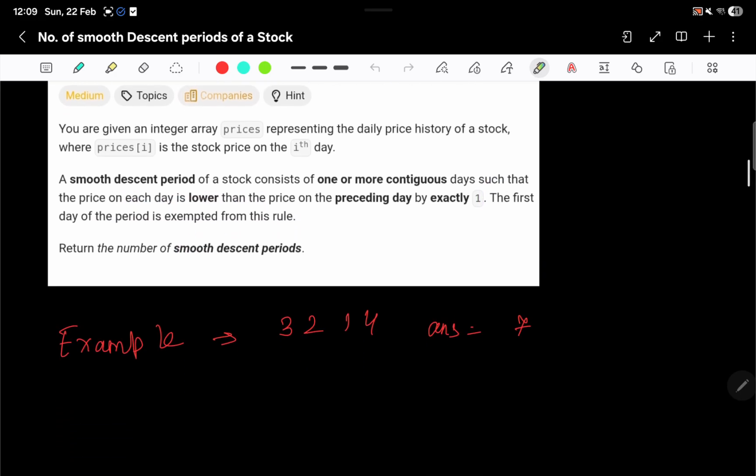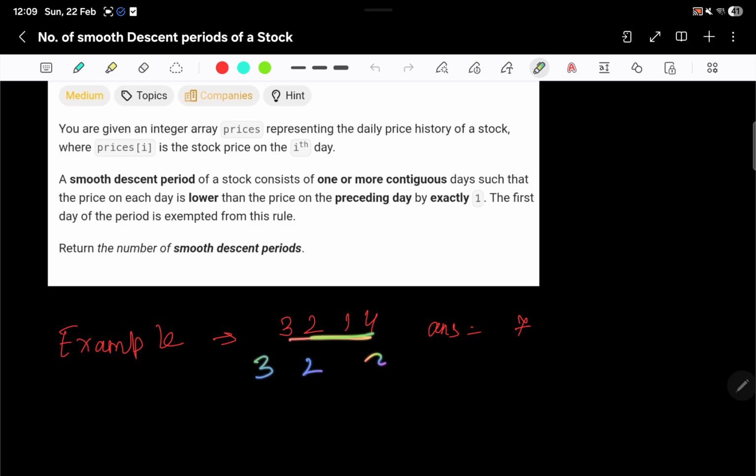So for example 3 2 1 4, here the first day is exempted, so let's start with the 2. 2 and 3 follow the constraint here, so they form a smooth descent period. 2 also is a smooth descent period.